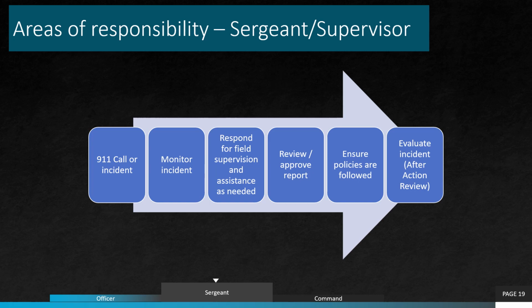And then a good supervisor will do a minor after action review for the incident, and they'll determine, did we do everything appropriately? Is there anything that should have been done or could have been done better? Maybe that was a domestic violence call and they didn't have enough officers there to safely control the scene.